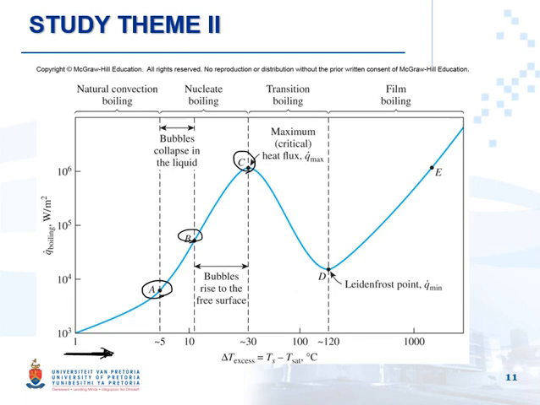As we move along the boiling curve toward point C by increasing the excess temperature, the bubble formation as well as the nucleation sites will increase.